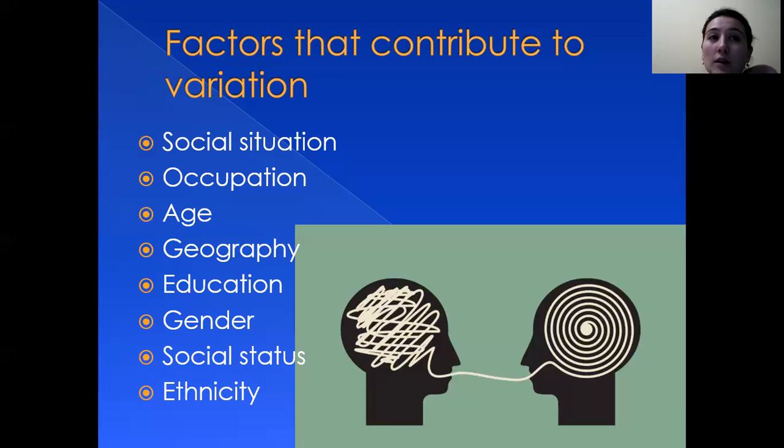Age, elder people use different language, different words, and young people use maybe more modern, more international words because their life is closely connected to technology, to internet. Yes. Geography also contributes, place where we live, education, gender, or social status, yes, and ethnicity.